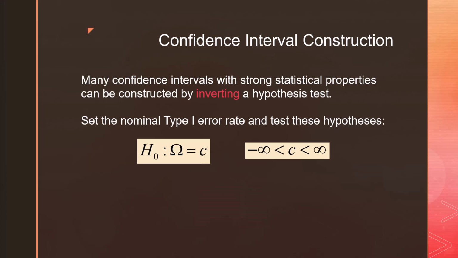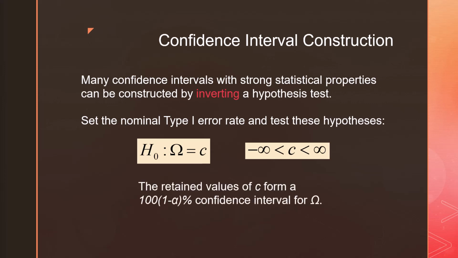We test all possible hypotheses, rejecting some, retaining others, and the set of retained hypotheses will form a 100 times 1 minus alpha % confidence interval for the parameter. For example, if we set the type 1 error rate at 0.05, putting that in for alpha in this formula, we will construct a 95% confidence interval.